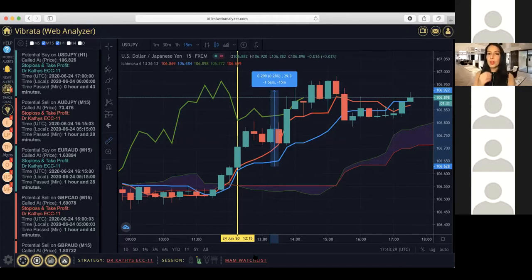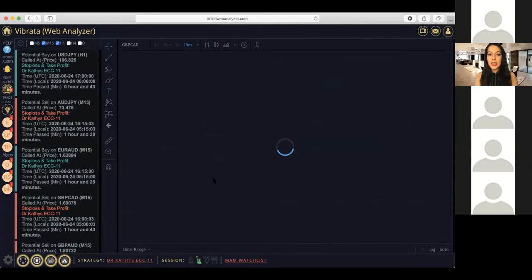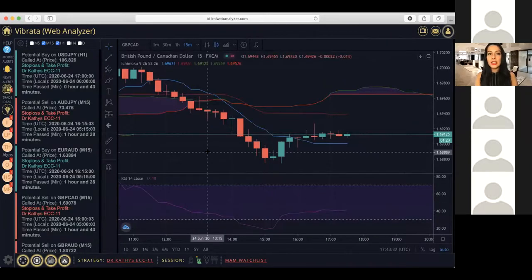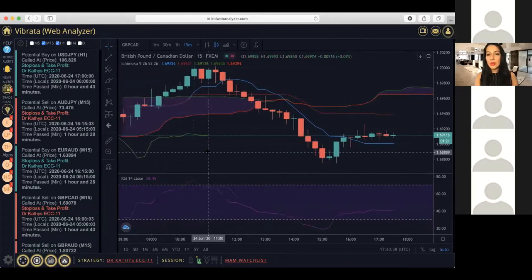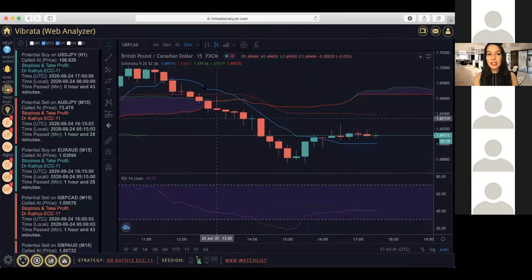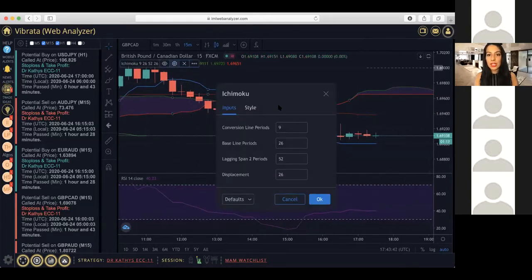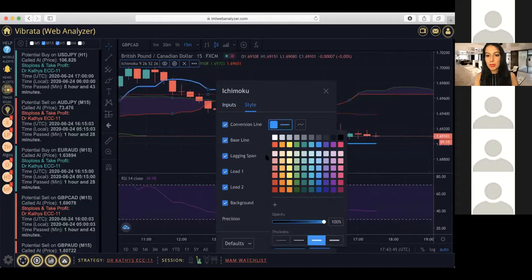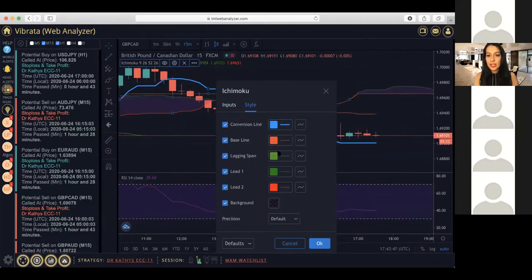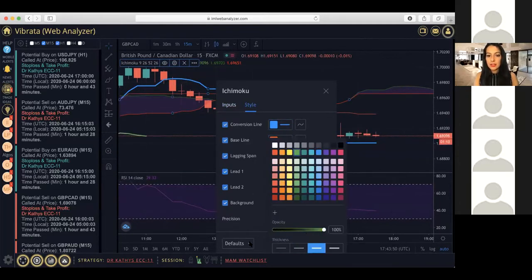So what I've shown you so far is an example of a buy. I'm now going to show you an example of a sell, which is just this one here, GBP Canadian dollar. This was one that came in earlier, which was very, very great. So again, step number one, let me just quickly adjust the lines so they're a bit thicker for you to have a look. Okay, perfect.